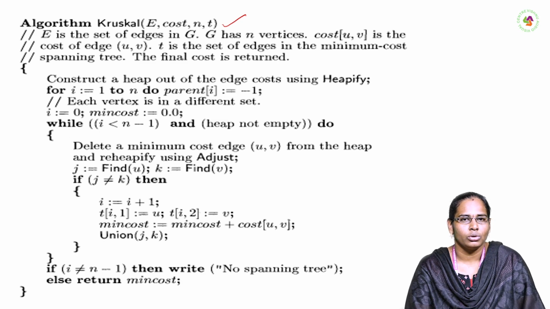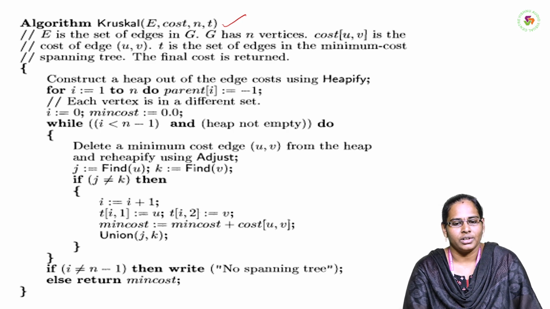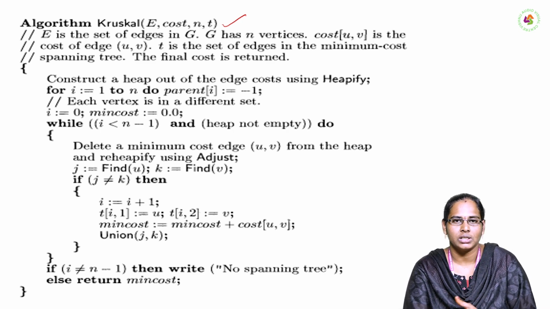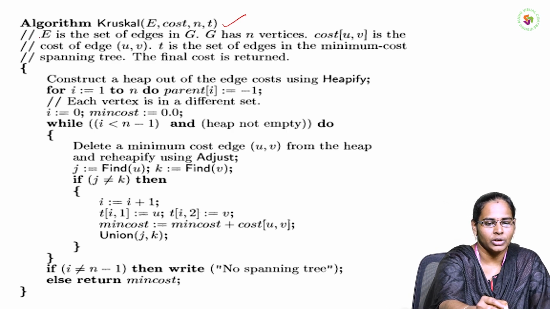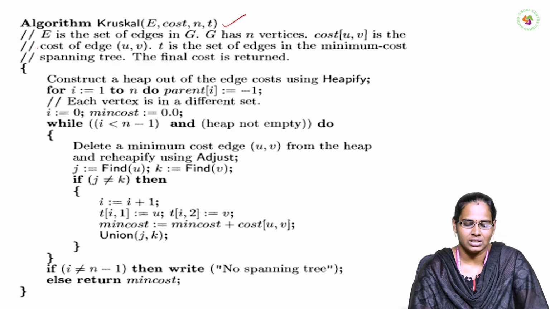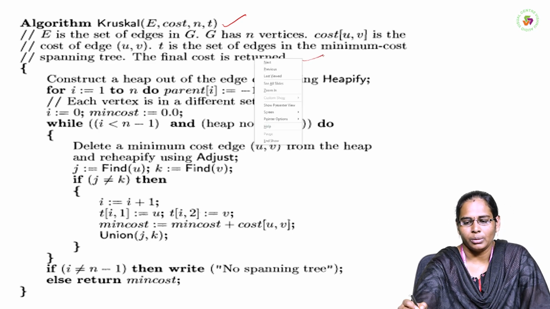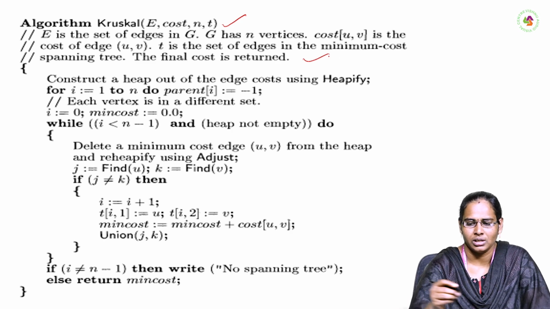Here algorithm Kruskal is the name of the algorithm, and E is the number of edges, cost of the edge, and n number of vertices, and T is the traveling cost. So, these are the comment lines. E is what, U comma V is what, whatever you have to mention in the parameters list will be taken in the comment lines here.